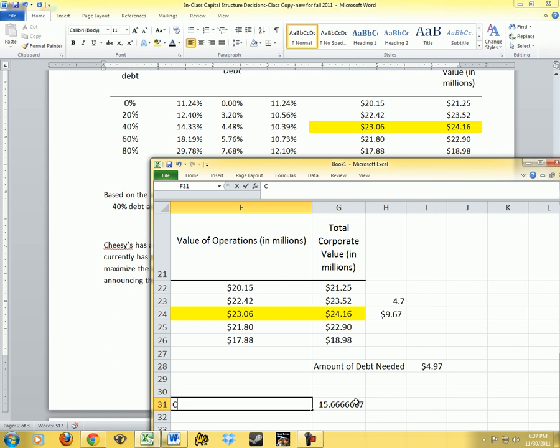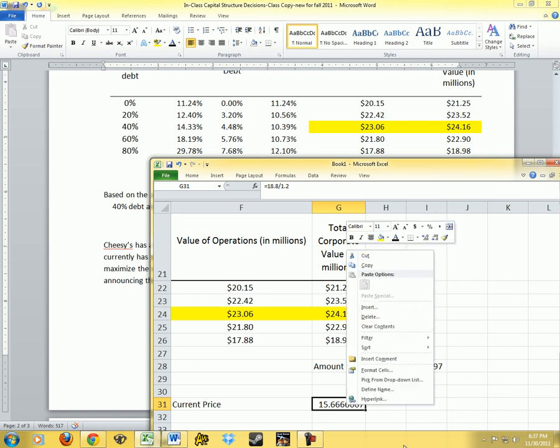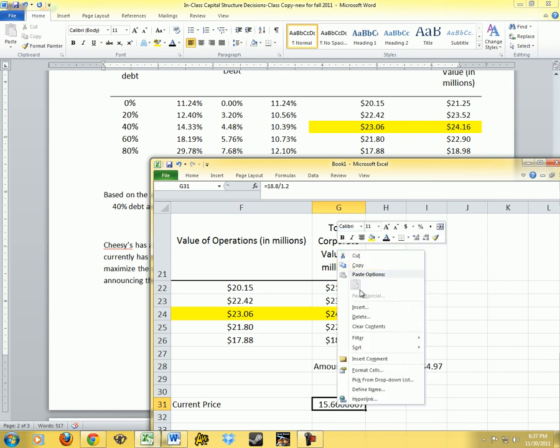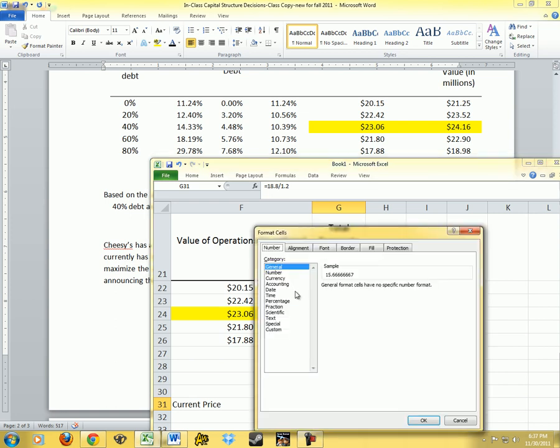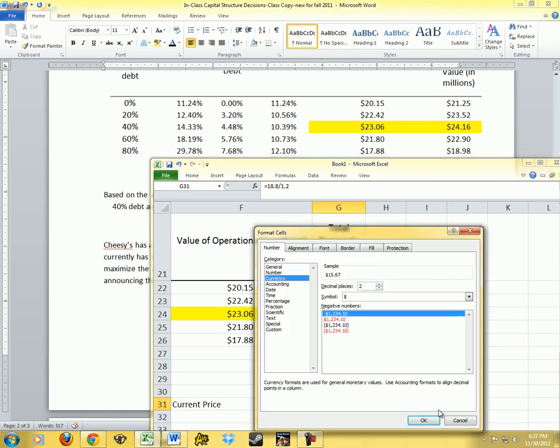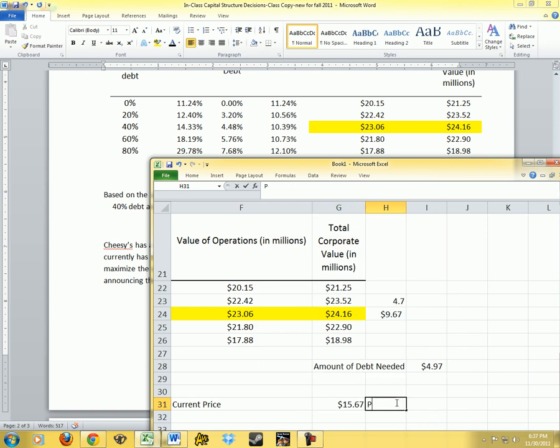So their current price is $15.67 per share. And again, the way I got that is I took the amount of their current market value of equity, 18.8 million, divided by the number of shares outstanding, 1.2 million, to get the price of $15.67 per share.